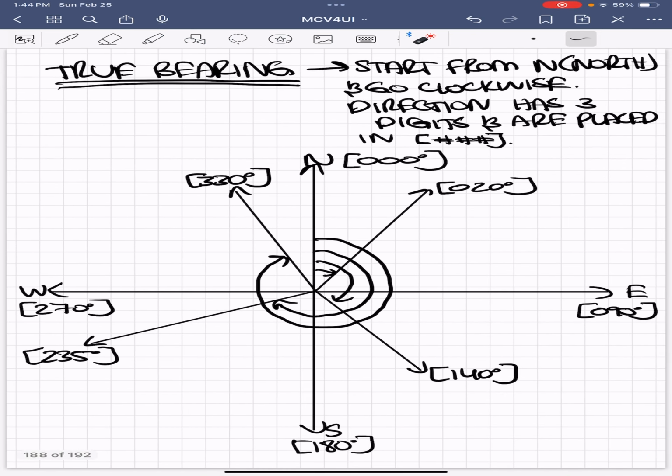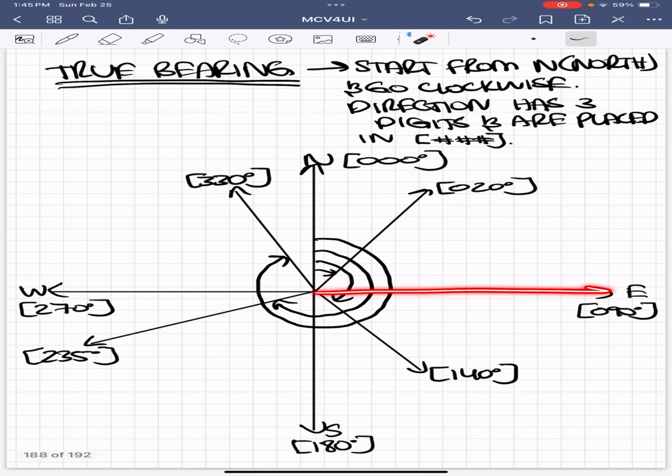Okay, moving on. So we have true bearing. It starts from north and goes clockwise. The direction has 3 digits and is placed in these types of brackets. So for example, if it's pointing directly north, the degrees would be 000, 3 zeros.